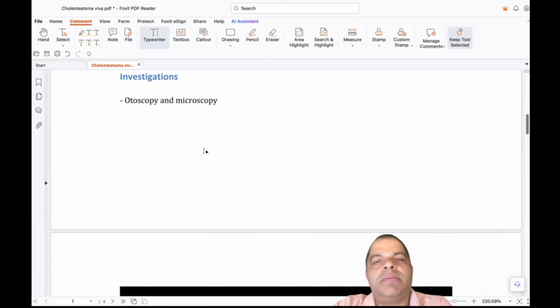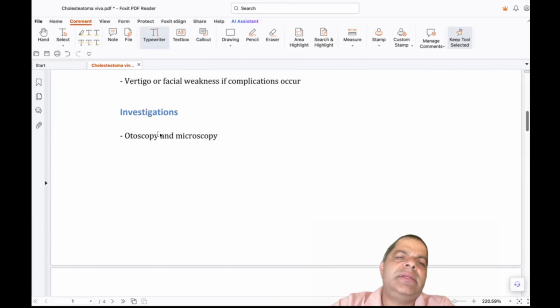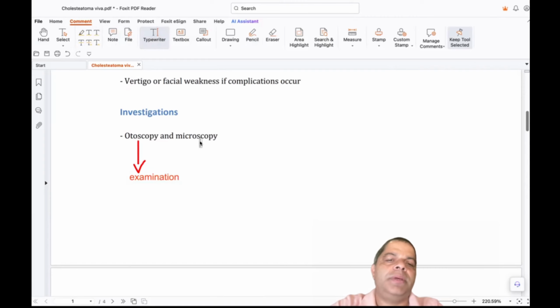Investigation: first you have to do otoscopy. I didn't tell you, this is not an investigation; this is what we call examination. Microscopy is an investigation. Otoscopy is an examination finding; microscopy is an investigation finding.